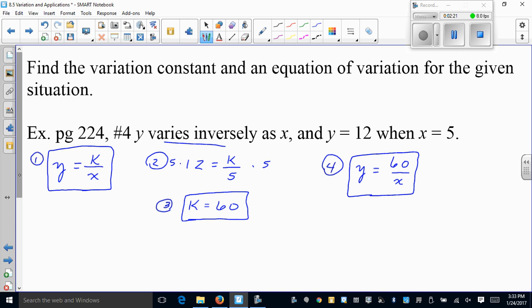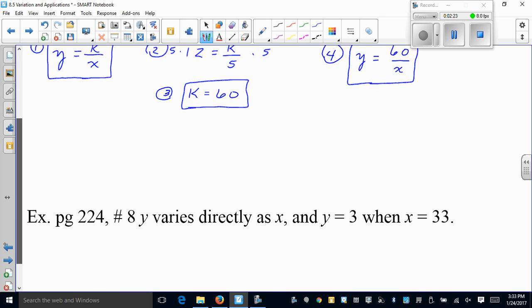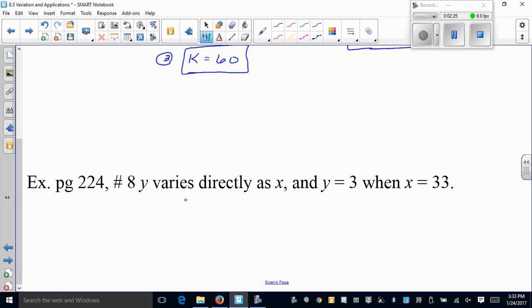Okay, so let's try another one. y varies directly. So that means y equals kx. That's the first thing I'll be looking for. Substitute your known values. So 3 equals 33k. And solve, so divide by 33.